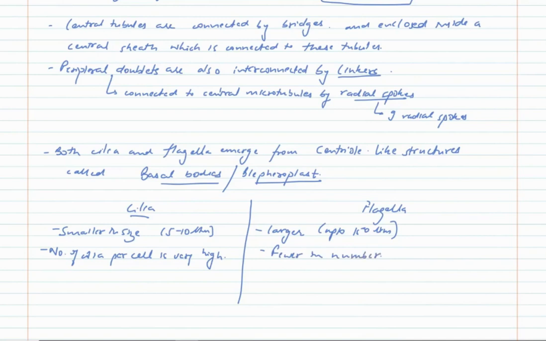Cilia beat in a coordinated manner. Such a movement is known as pendular movement. Whereas the flagella beat independently.